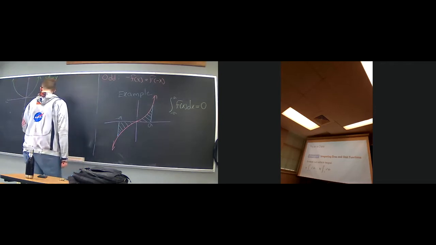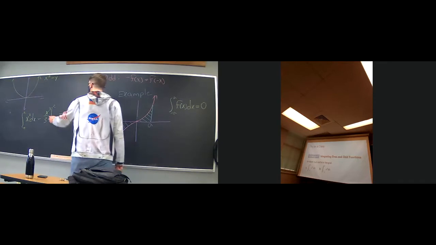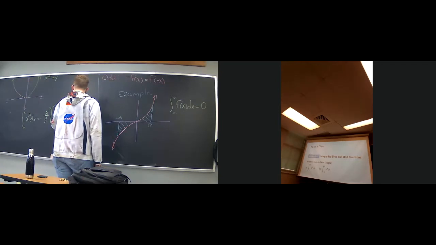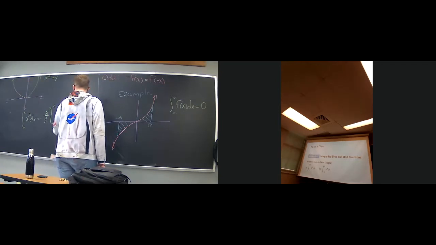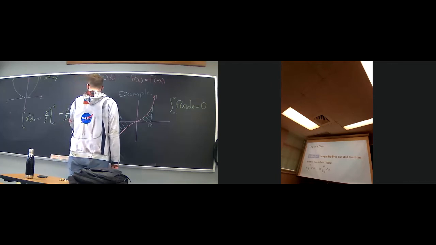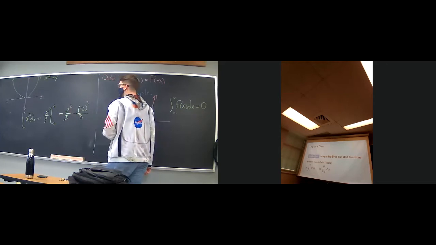So this thing is going to be x to the third over 3, from negative 2 to 2. Now, this is going to evaluate out to be 2 to the third divided by 3 minus negative 2 to the third divided by 3.